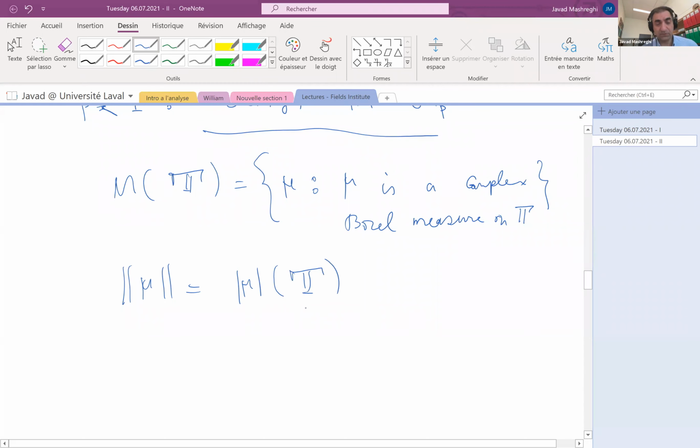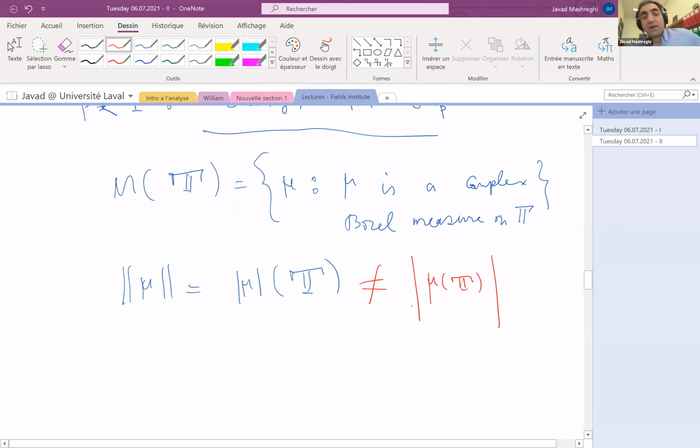What is the meaning of total variation? This is something that you should have seen in a course on measure theory. If not, I invite you to go and have a look. Also, I emphasize the fact that this is not equal to the absolute value of μ(T). These are two completely different things.